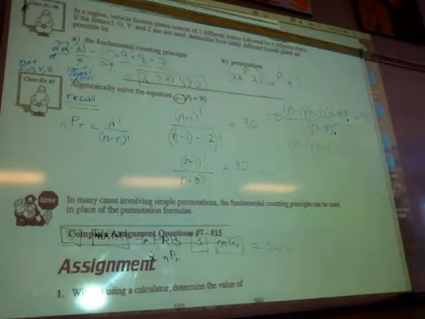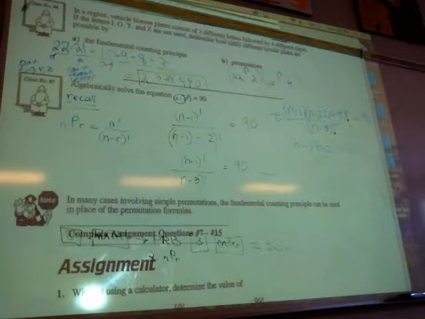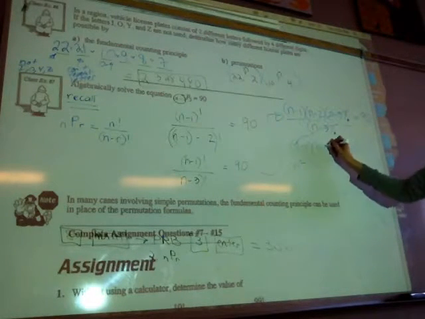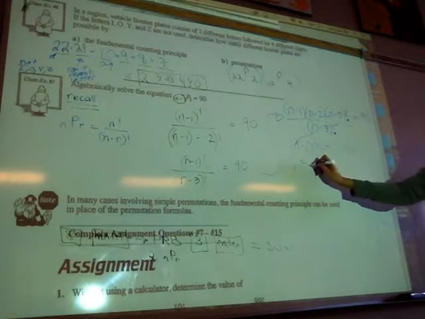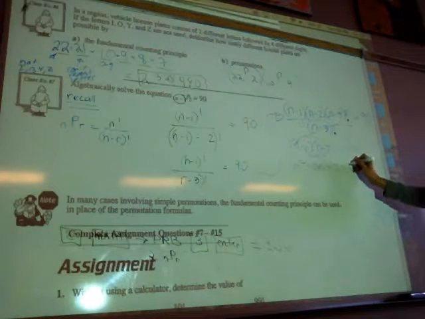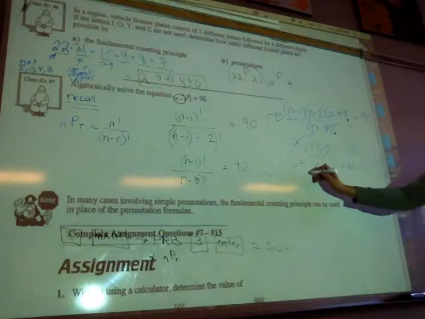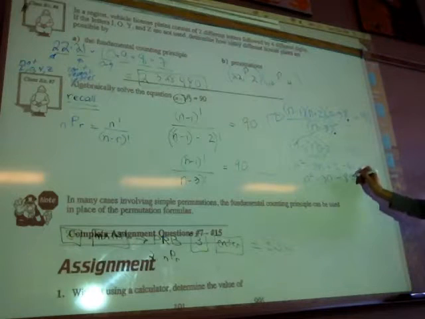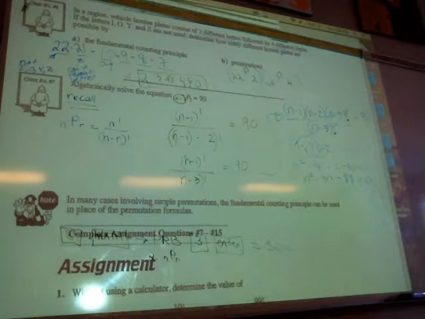So to solve, we're going to have to expand. We'll get a quadratic equation, and then set it equal to 0 and solve. So I have n squared minus 2n minus another n is minus 3n plus 2. Subtract 90 equals 0. So n squared minus 3n minus 88 equals 0. So two numbers that multiply to 88 and add to 3 would be 11 and 3. Or sorry, 11 and 8.